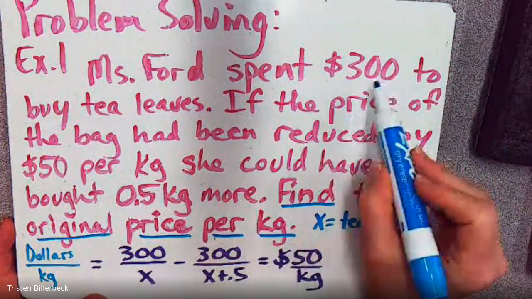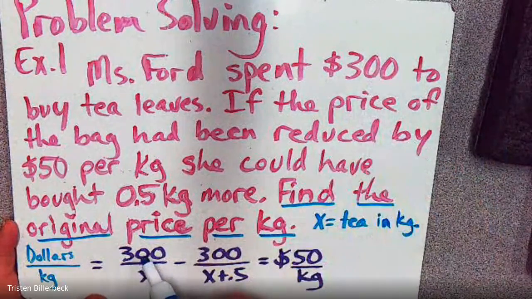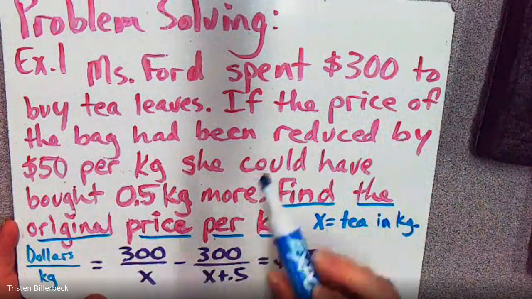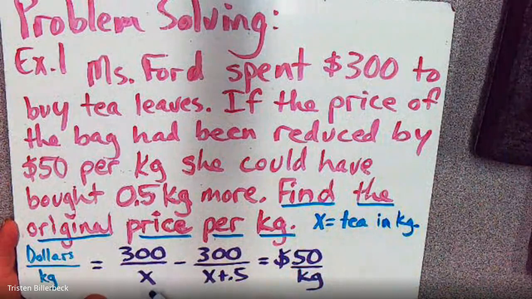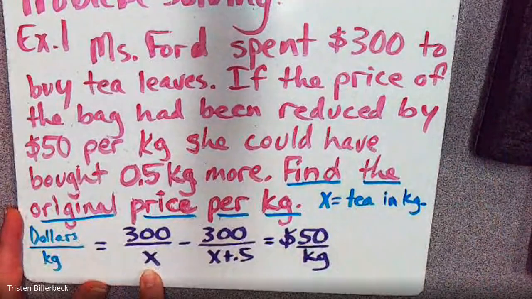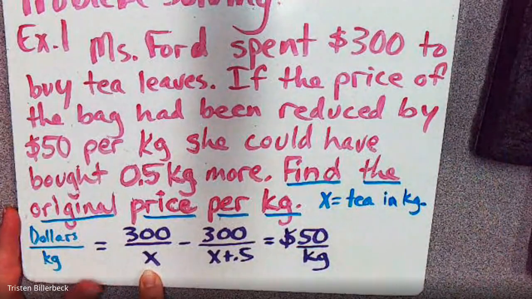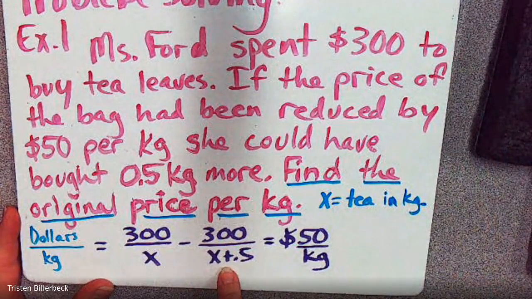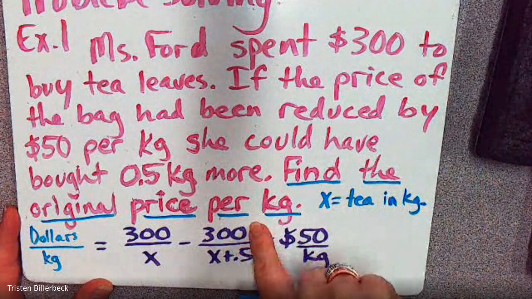So I have $300 here, and I have X down below. So X is the kilograms that I bought originally with my $300. But then it's saying, well, if the price was reduced $50, I was able to buy a ½ kilogram more for my original $300.